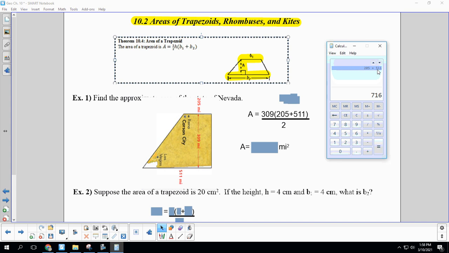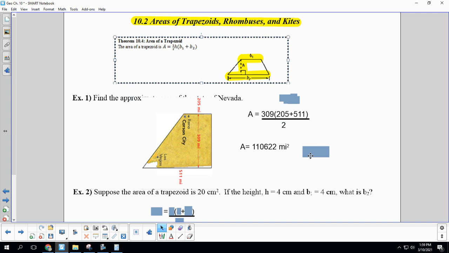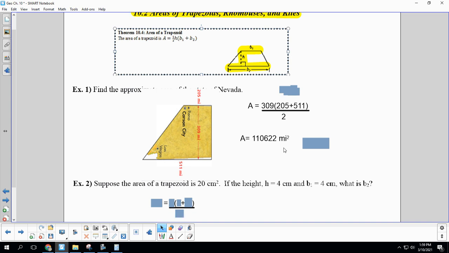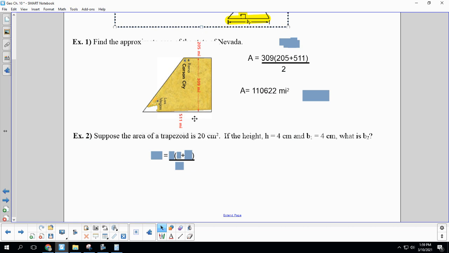Then we go times 309, and then divided by 2. So our area is 110,622 square miles. We do the little miles and the little 2 to represent square.